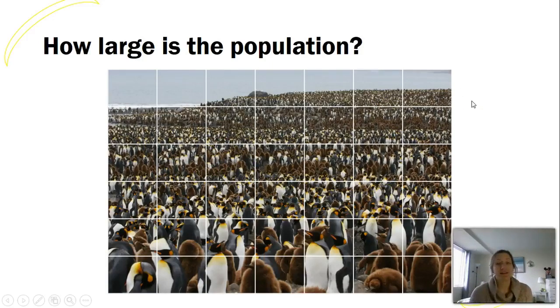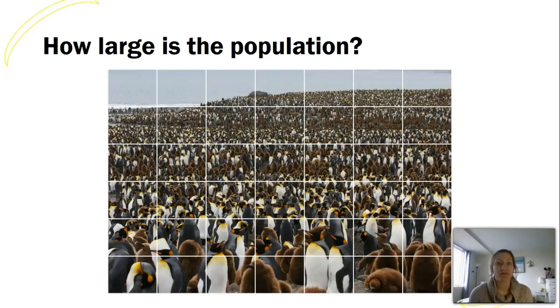Now you can see this image is not equal. You only have a couple penguins in the front because they're closer, so they're bigger, and you've got a lot more in the back. Also, these grids are half penguin, half picture, so that's not really even either. So you have to develop some rules for this. Scientists actually do this all the time.